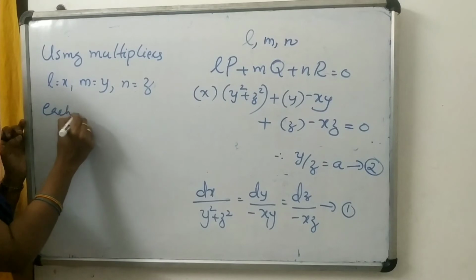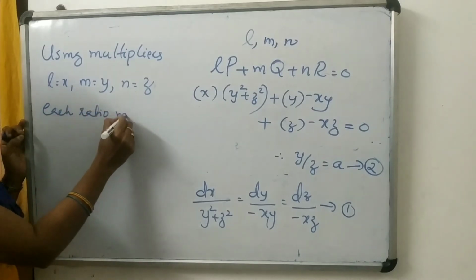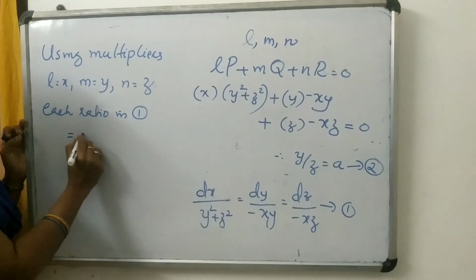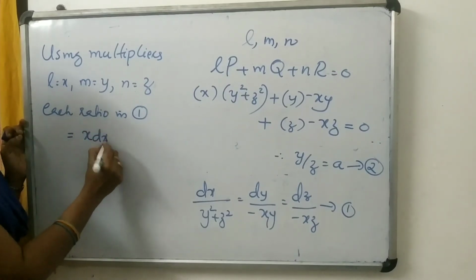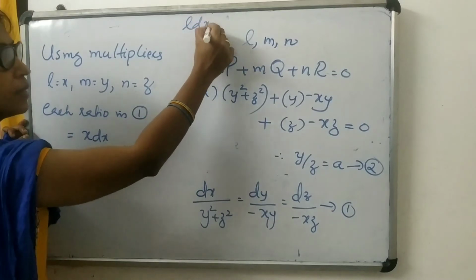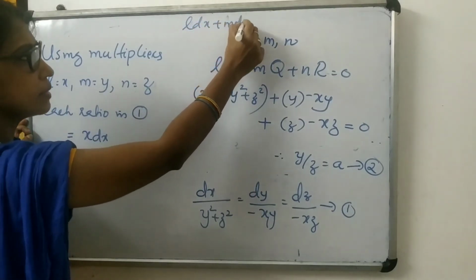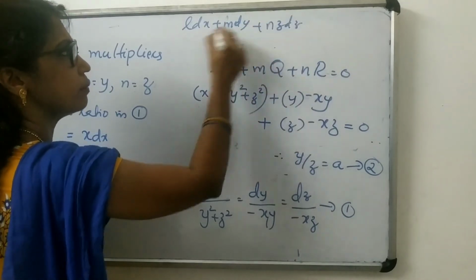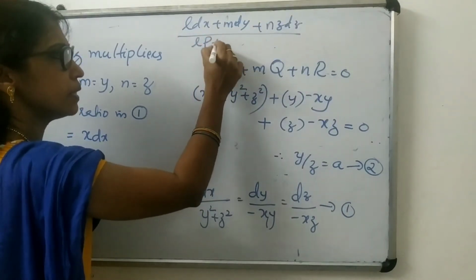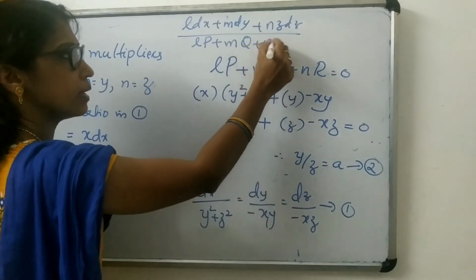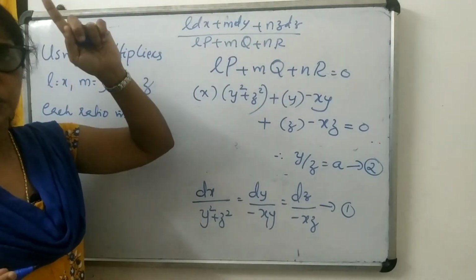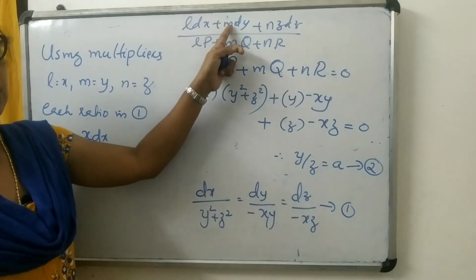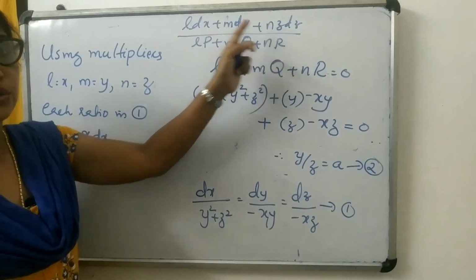Each ratio in equation 1 is equal to L dx plus M dy plus N dz divided by LP plus MQ plus NR. This is the ratio in the equation. So in this we are writing L equal to x, M equal to y and N equal to z.